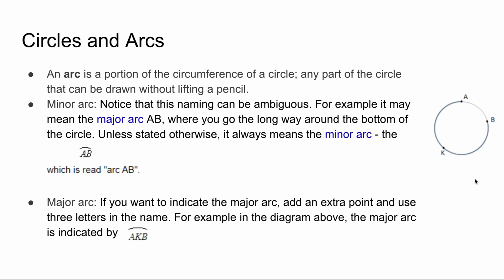So major arc is the arc that is longer than half of the circumference. Okay, and minor arc is an arc that is less than half of the circumference.